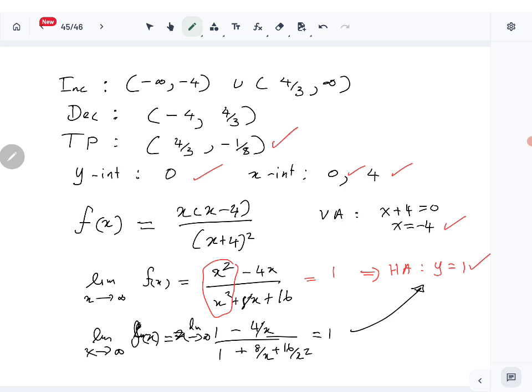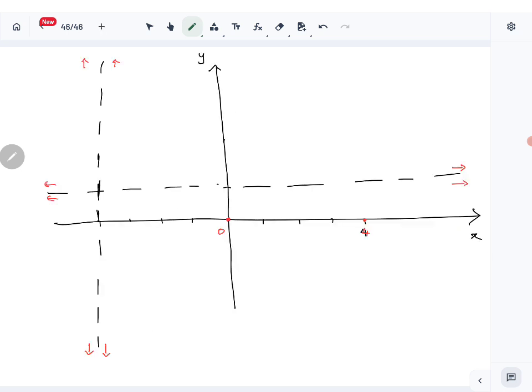Let's mark the turning point next. 4 over 3 comma minus 1 over 8. So around here, 4 over 3, minus 1 over 8, very close to the y-axis. Somewhere roughly we'll say this is minus 1 over 8.